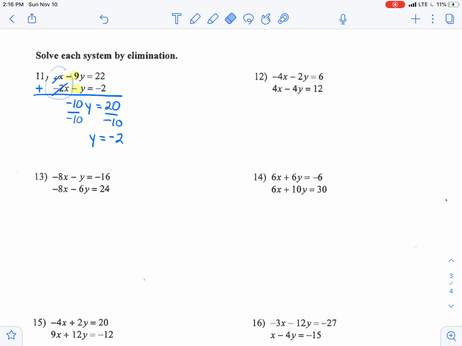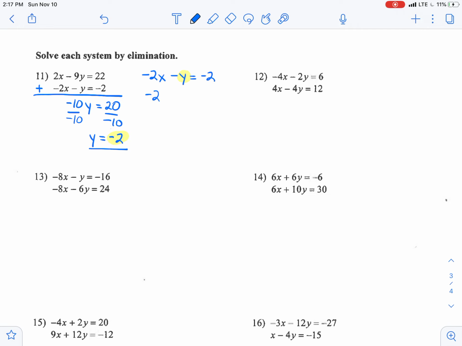Now, just like what we did in our last videos, we want to substitute now and find our other variable. So you can either go the top equation or the bottom. It doesn't matter. I'm going to choose the bottom one. I think it looks a little bit easier. You could choose the top if you wanted. But again, I'm just going to substitute this for my y.